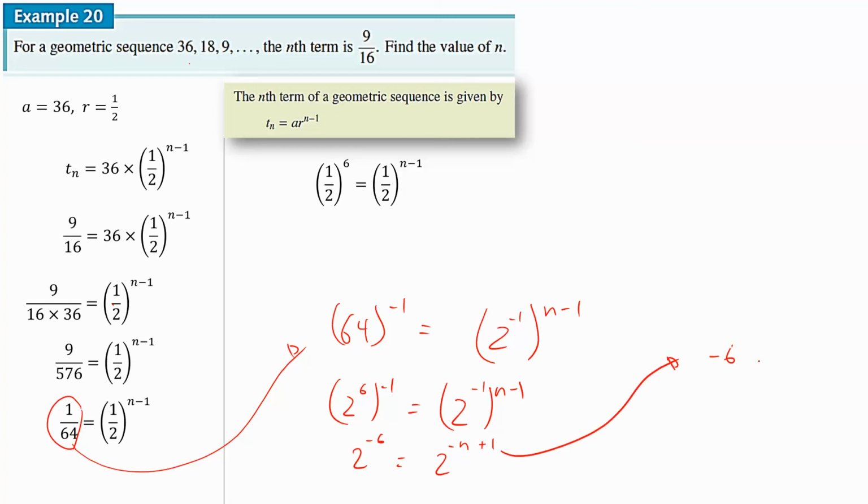You've got -6 equals -n plus 1. Add n on both sides, so you get n equals 6 plus 1, which is 7. So I know n has to be 7. But you could have done it this way too. You could have said 6 equals n minus 1, add 1 on both sides, n equals 7. Same thing. But that's an exponential skill down.